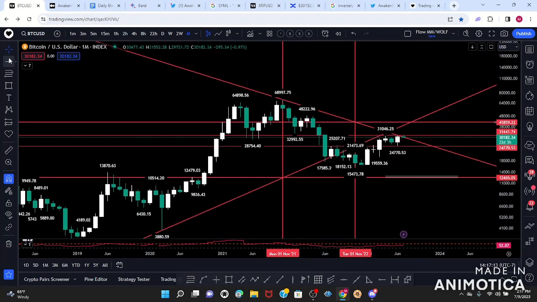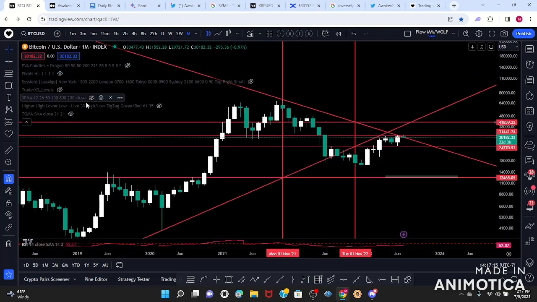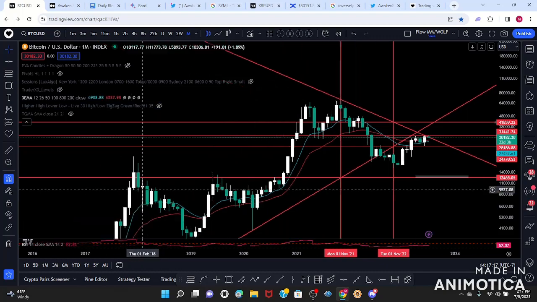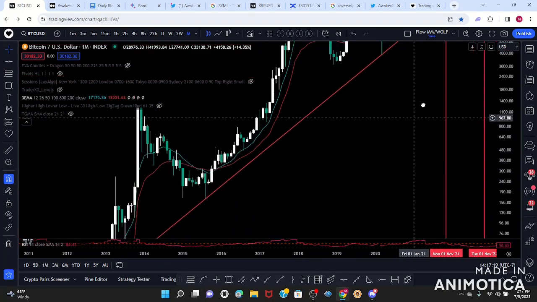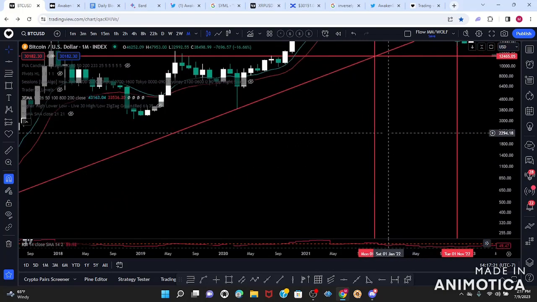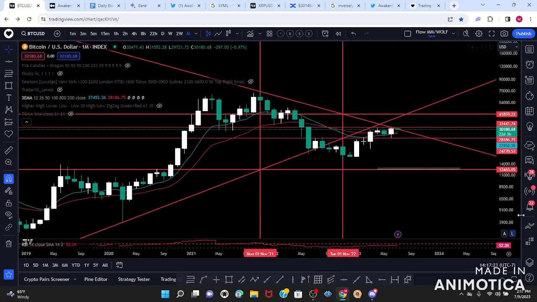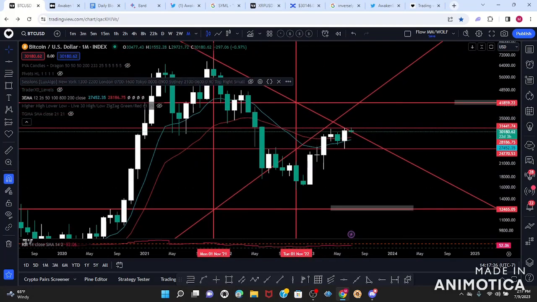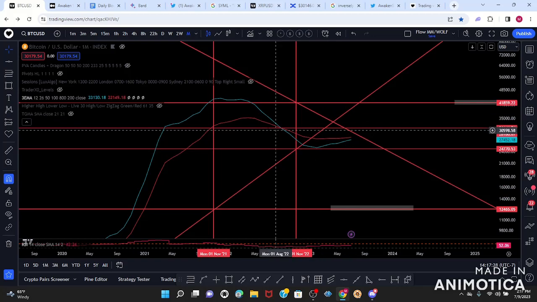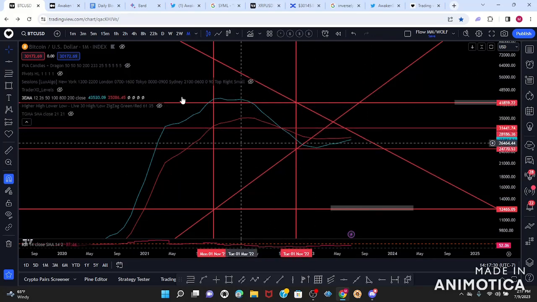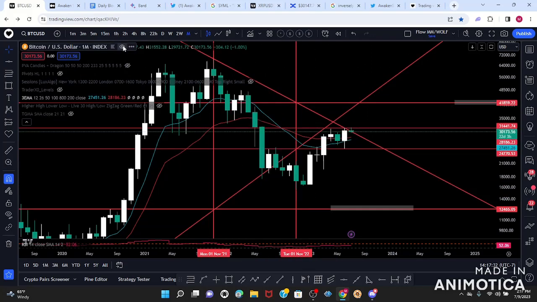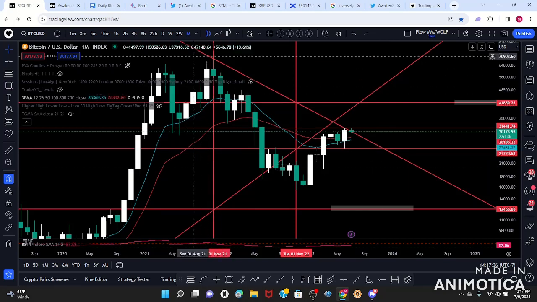Another observation I want you to see: I use 12 and 26 EMAs to give me a bullish or bearish sentiment of the market. On the monthly, if you turn off the wicks, you can see that the 21 is above the 12. So technically we're in a bearish trend on the monthly.